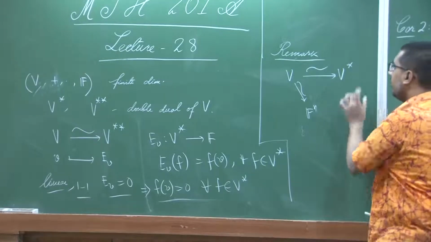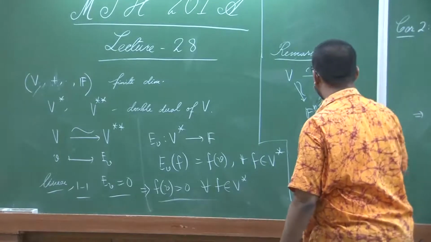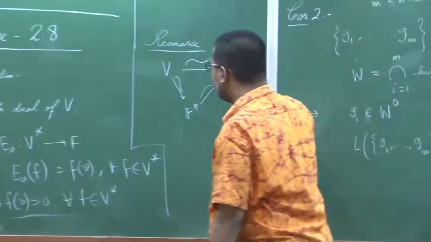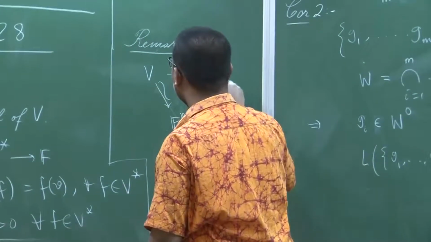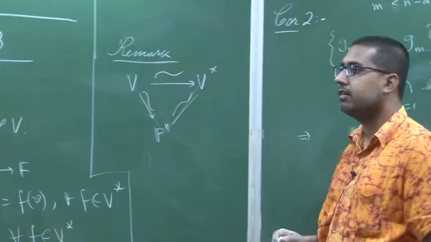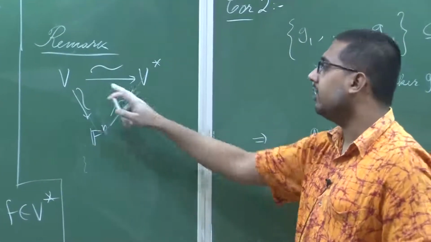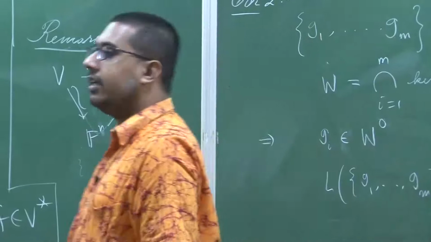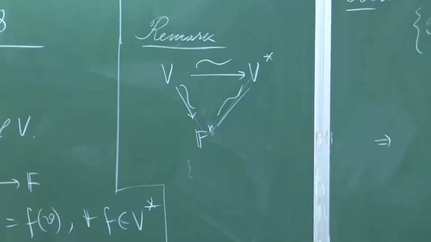So, that is also isomorphic to Fn because same dimension, hence by composing we get this isomorphism, right. So, try to see that the isomorphism from V to V star indeed depends upon the choice of the ordered basis B, and in general you do not have an isomorphism which does not depend on the choice of our ordered basis.